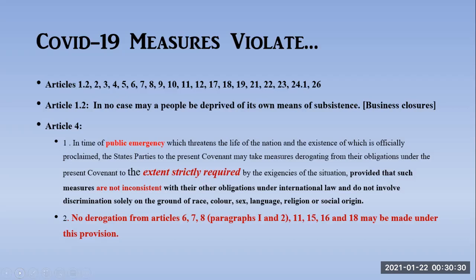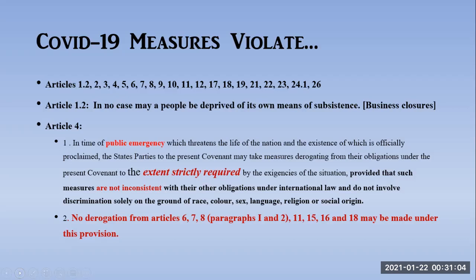So let's look at that first section in Article 4. This public emergency says that the derogations away from articles such as the infringements on charter rights and freedoms, as we talked about in part 2, it has to be to the extent strictly required.